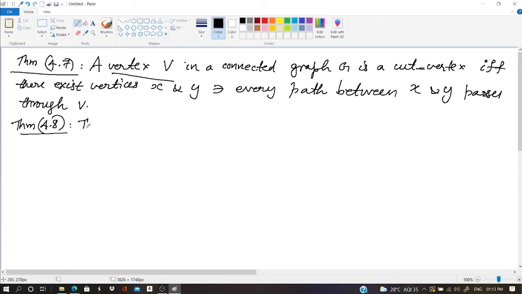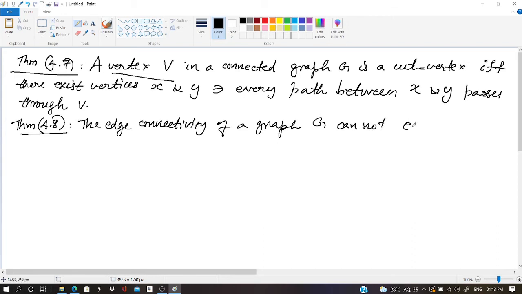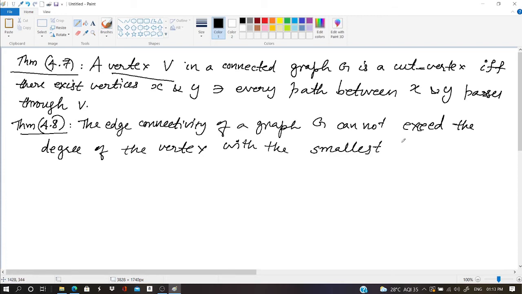The edge connectivity of a graph G cannot exceed the degree of the vertex with the smallest degree in G. Okay, the proof is simple.